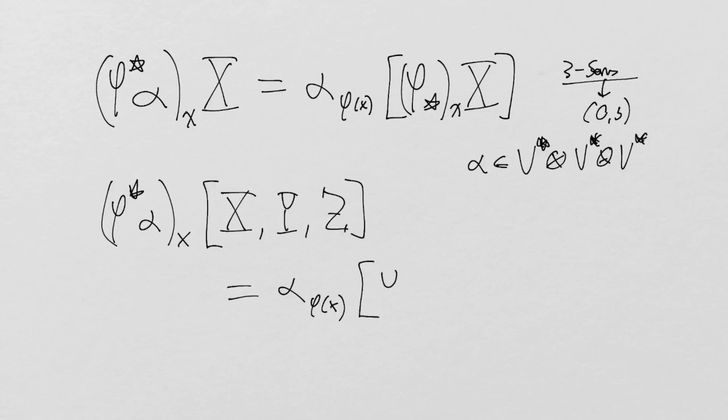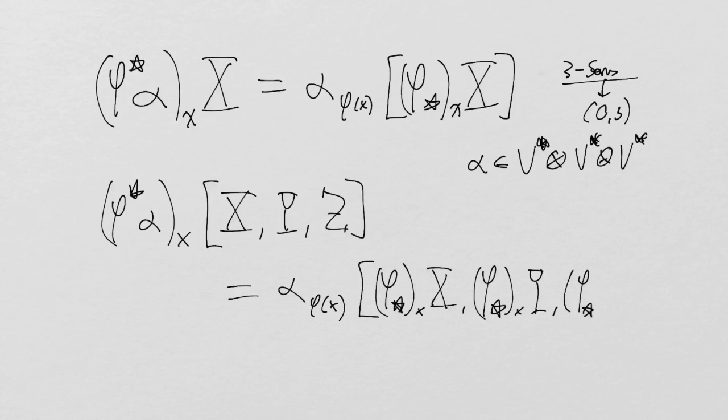But it's simply the push forward of x, the push forward of y, and the push forward of z, right? So it's just a very straightforward expansion. Once you can do this for a rank 0,1 tensor, you can do it for any rank tensor just by expanding the definition like this.